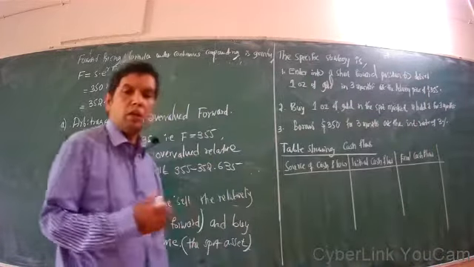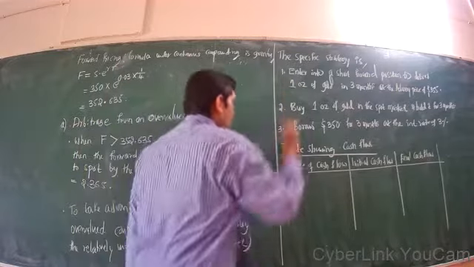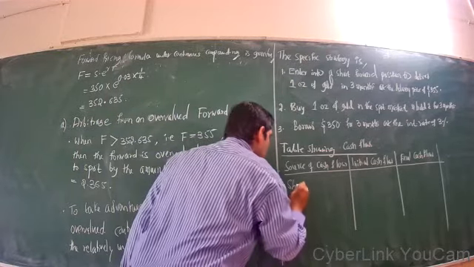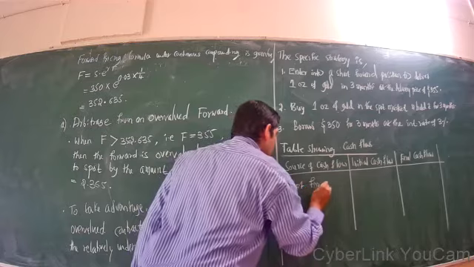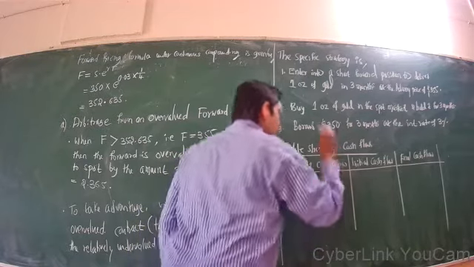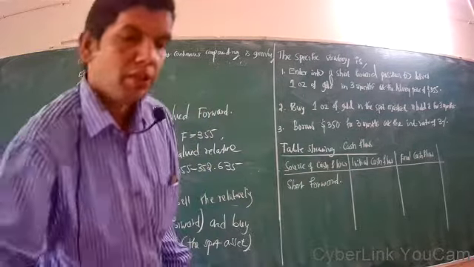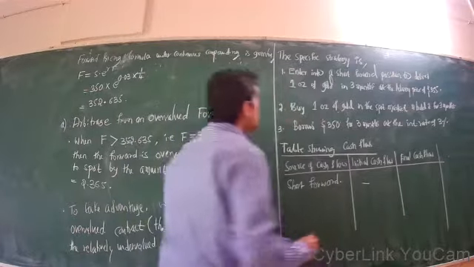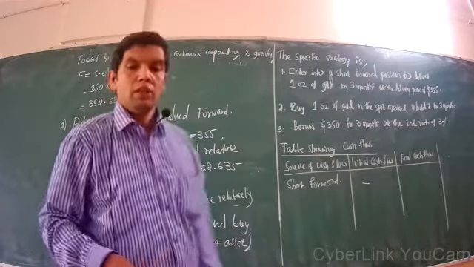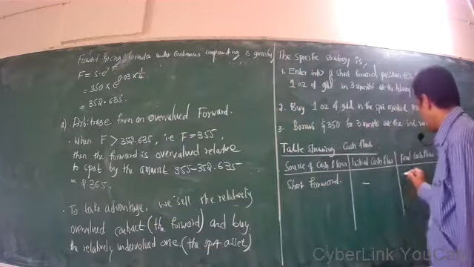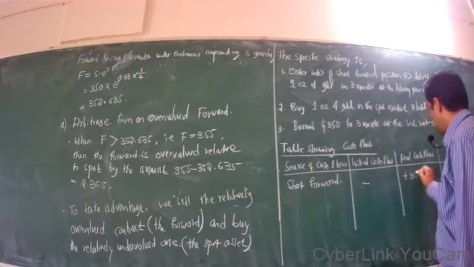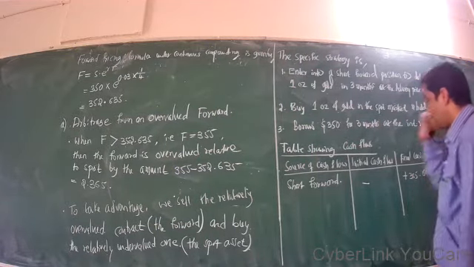Now, what is the first step? Short forward. Since you are selling, the cash flow is plus 355.